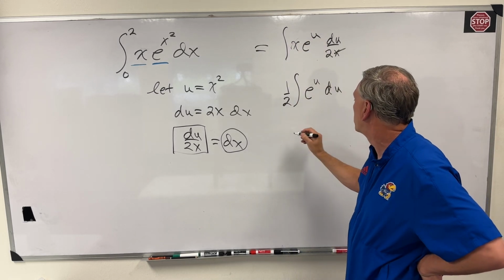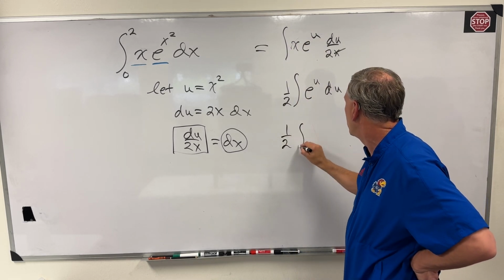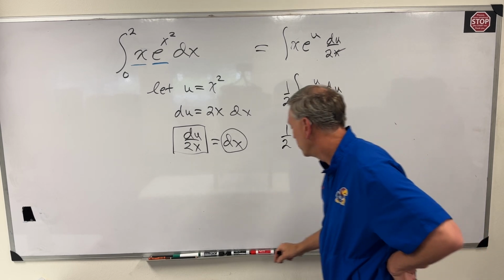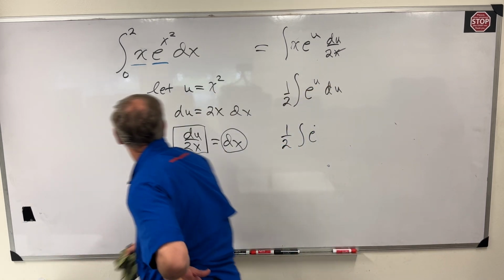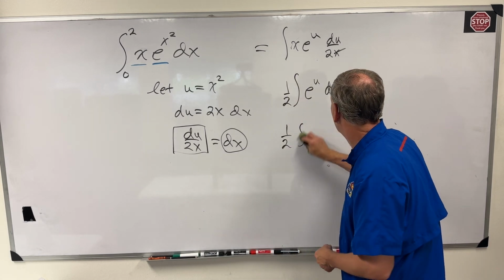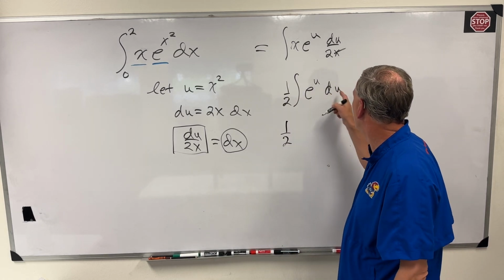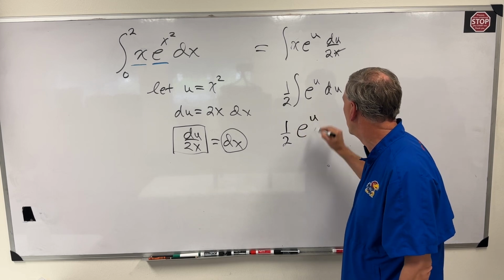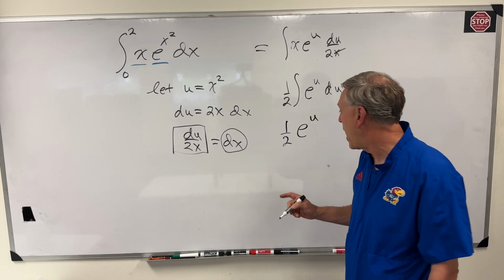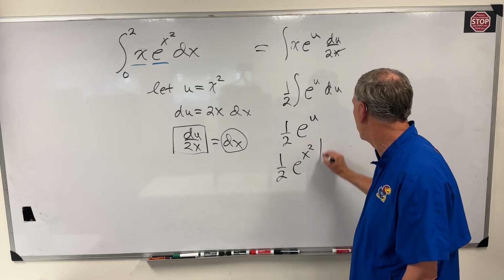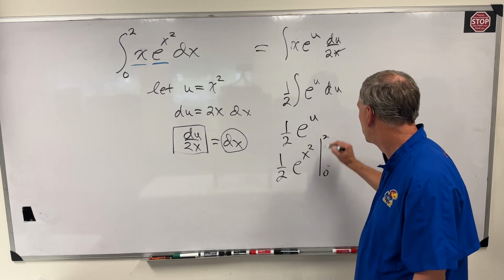But I'm going to convert this back. I need to integrate it first. I get 1/2, the integral of e to the u du is e to the u. And now I'm going to convert it back. So this is 1/2 e to the x squared evaluated from 0 to 2.